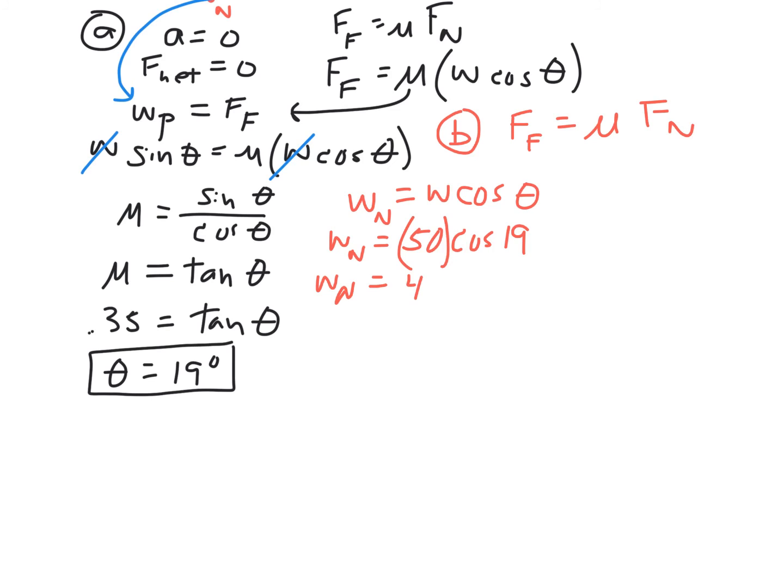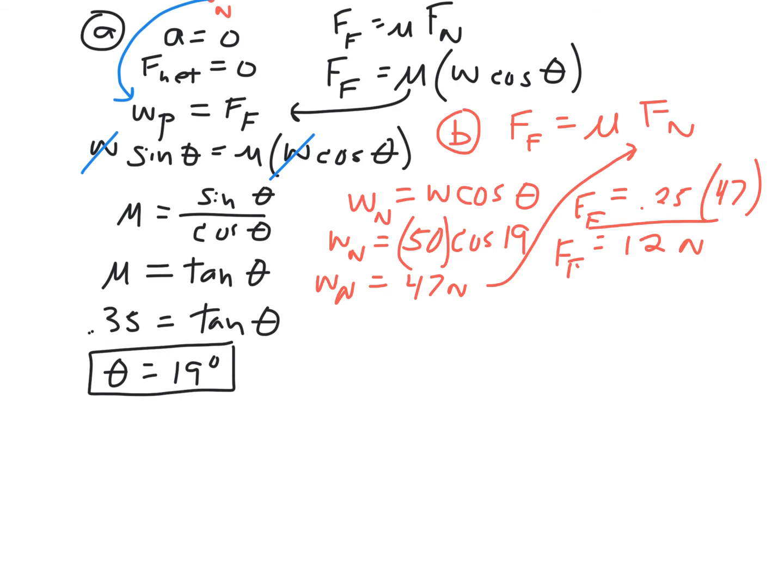So that's 47 newtons. Therefore, if we plug that in over here back up to the top, the force of friction will be equal to mu, kinetic mu, which is 0.25 times the 47, going to 2 sig figs. The force of friction will be 12 newtons.